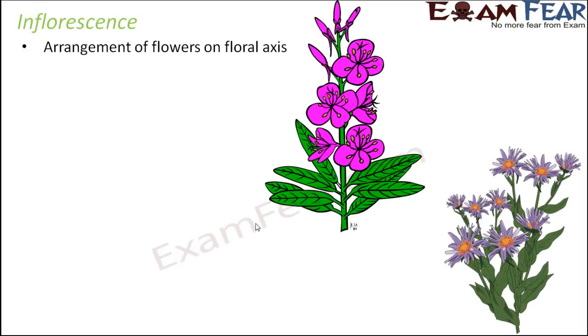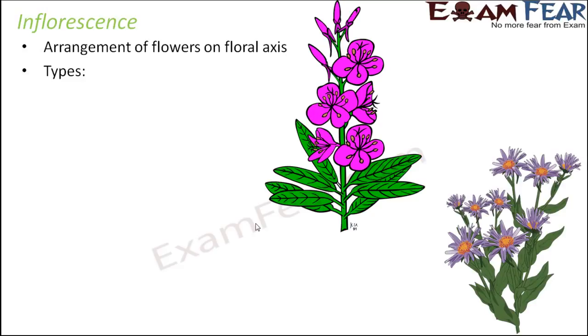Inflorescence is of two types, based on whether the main axis, or floral axis, always keeps growing or has a limited growth. In one type of inflorescence, the main axis keeps on growing forever, and in the other type it has a limited growth. Inflorescence comes into picture only when a floral axis bears a cluster of flowers.